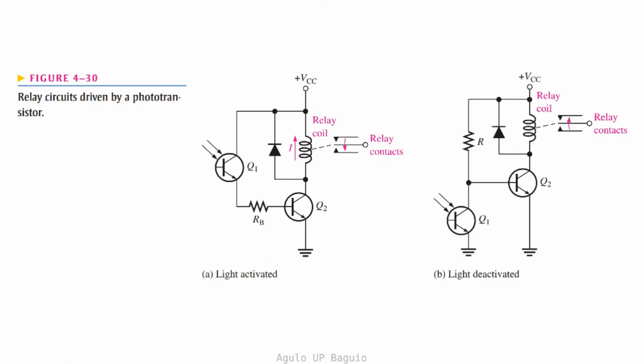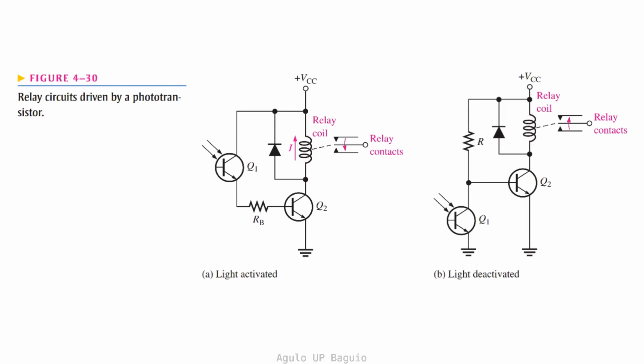One application of a phototransistor is to activate a relay switch. A relay switch is just a switch that is turned on when current passes through a relay coil. In circuit A, the phototransistor Q1 is connected as shown to Q2 and is powered by VCC. When there's no light, Q1 is switched off and there's no base current to Q2.